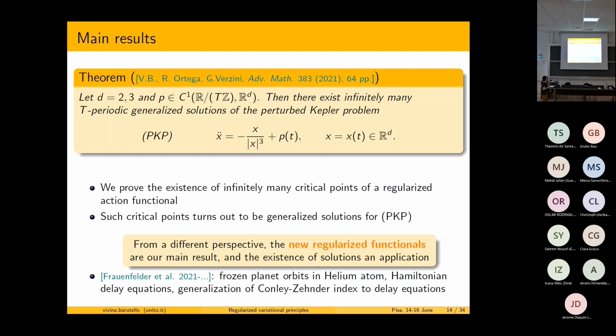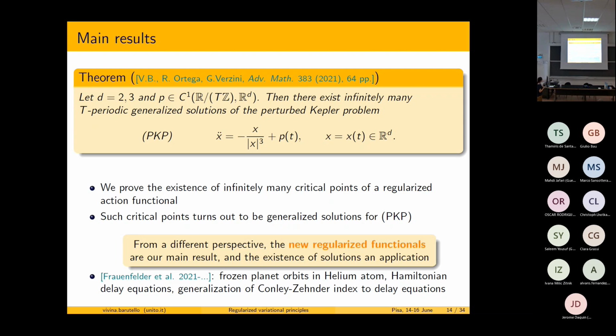For instance, the first paper that they wrote on this subject is this one. Up to yesterday, I think there are 6 or 7 papers on arXiv in the last year where they apply this technique to many different situations, and we are very proud of this, I must admit.